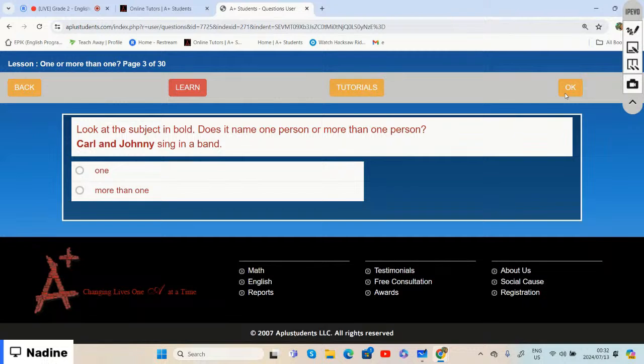Carl and Johnny sing in a band. Does it name one person or does it name more than one person? So, Carl and Johnny sing in a band.